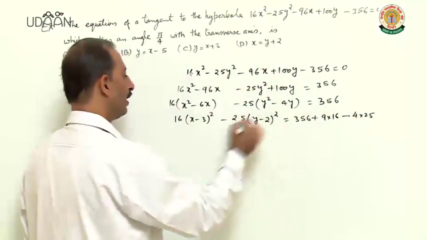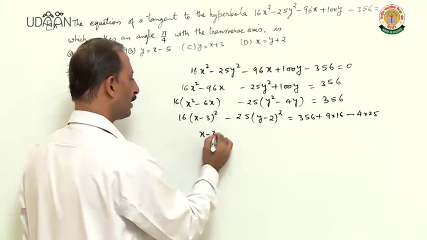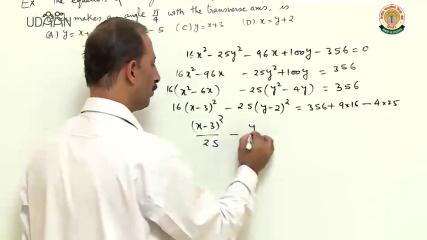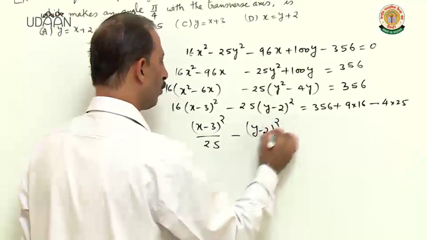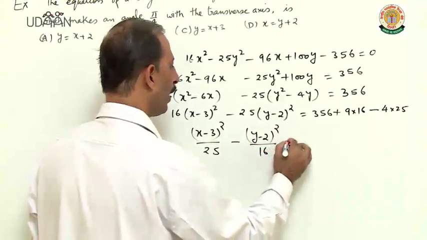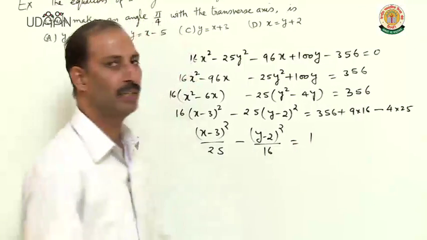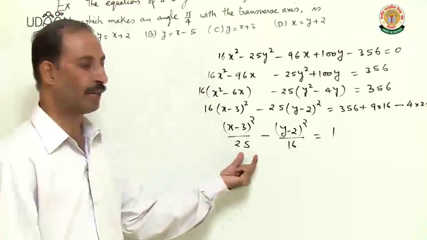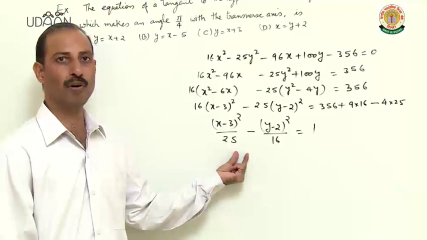If you simplify this, you will get (x minus 3) whole square upon 25 minus (y minus 2) whole square upon 16 is equal to 1. So standard form we have converted. This is the standard form.